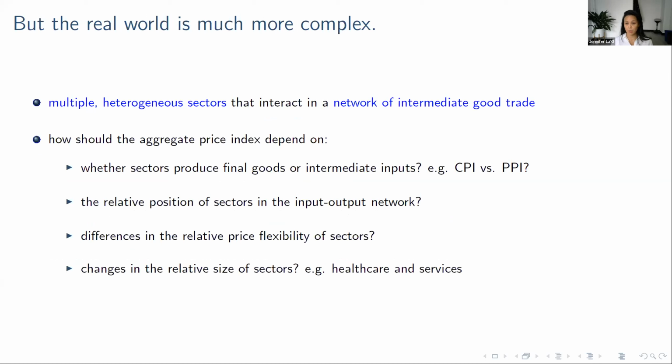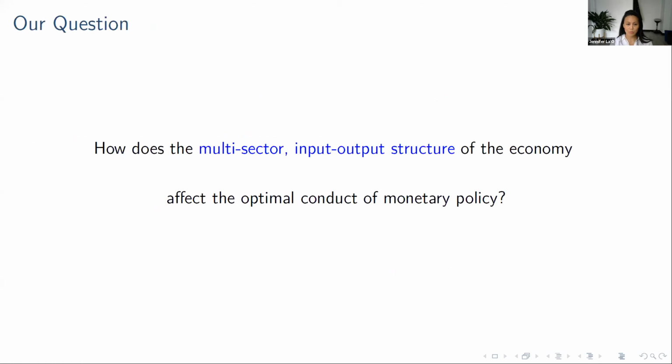For example, we know that within the last decade, services, in particular healthcare, has greatly increased in the US and other developed countries relative to manufacturing goods. So the question we answer in this paper is, how does this heterogeneity, in particular the multi-sector input-output structure of the economy, affect the optimal conduct of monetary policy?